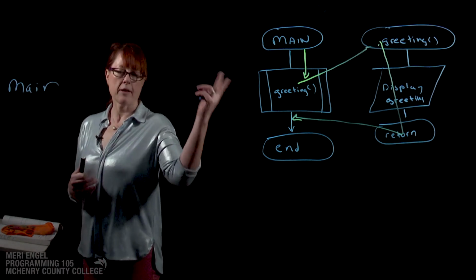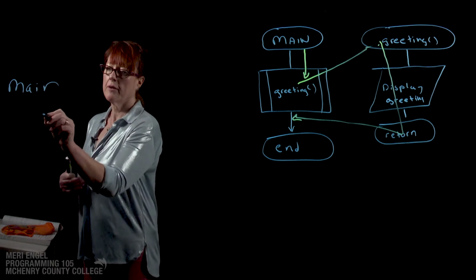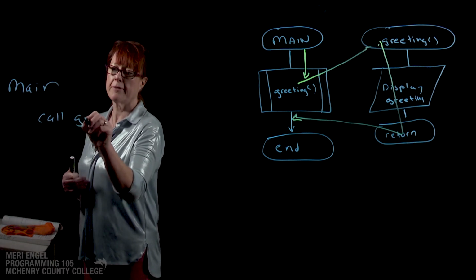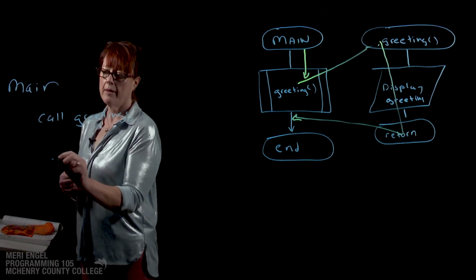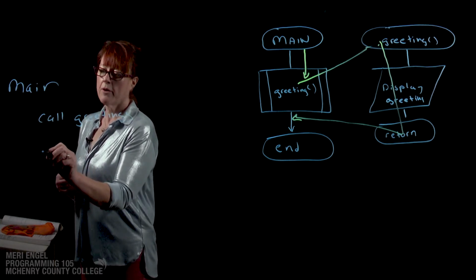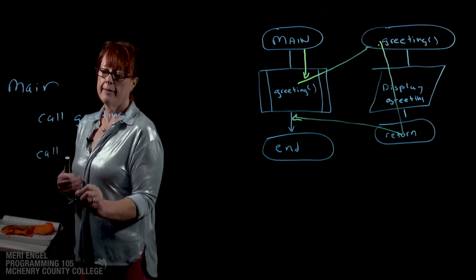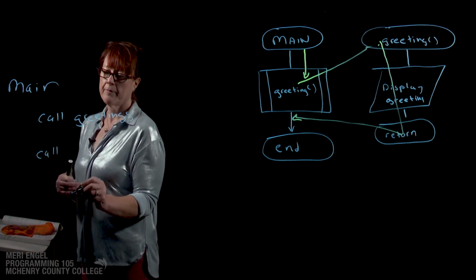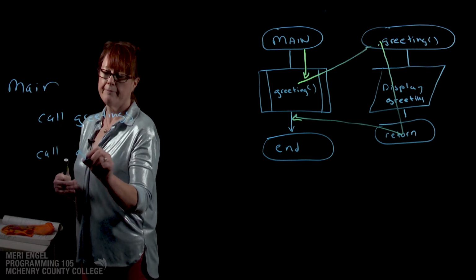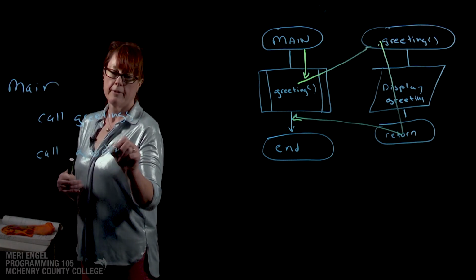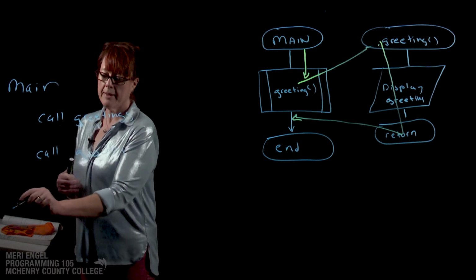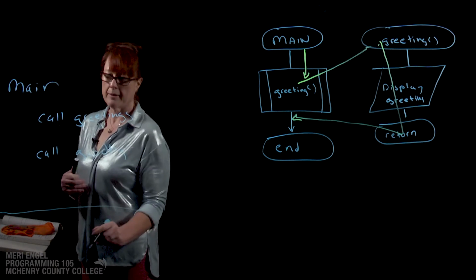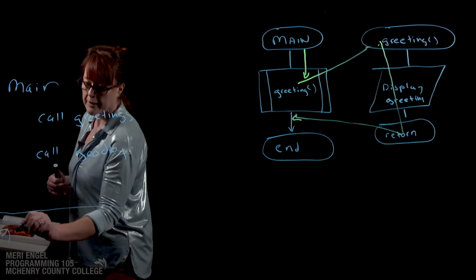And if I'm going to call a function, I will just call greeting. And if I was going to do something else, call goodbye, whatever. So we could list our functions one after the other. And then beneath that, and you might or might not separate them by a line, you would have greeting.